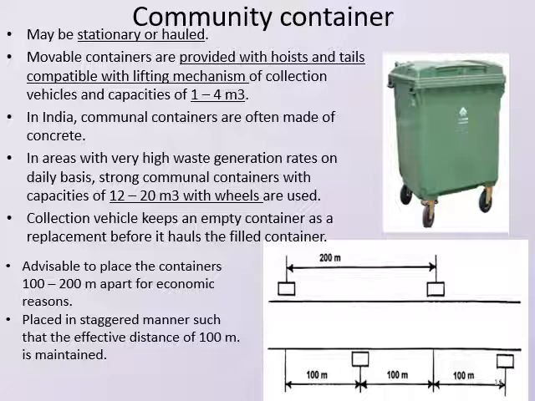It is advisable to place the containers 100 to 200 meter apart for economical reasons. So if it is 200 meter apart, as the diagram shows, the containers should be placed in staggered manner, not on one side of the road, so that the effective distance is 100 meter.